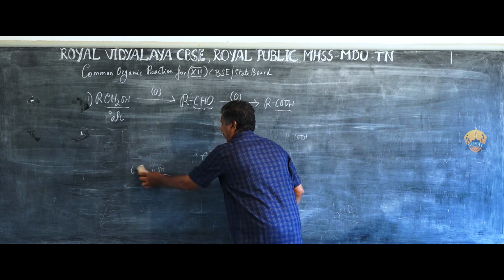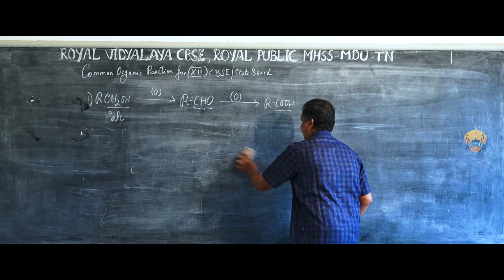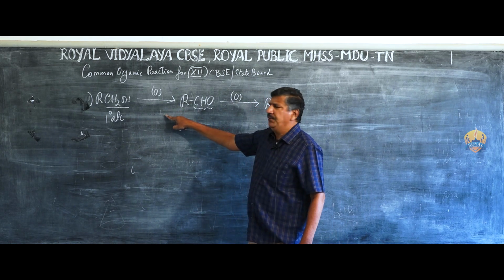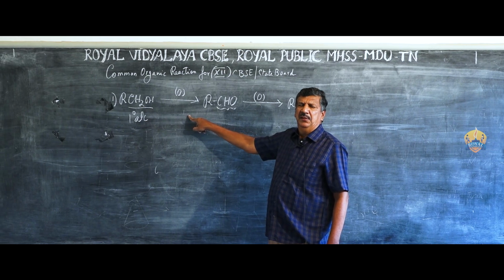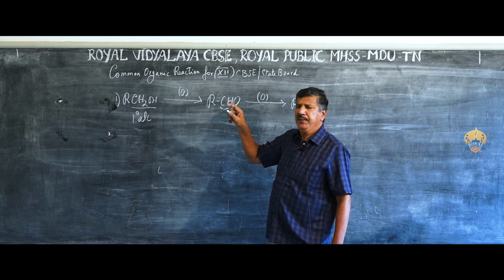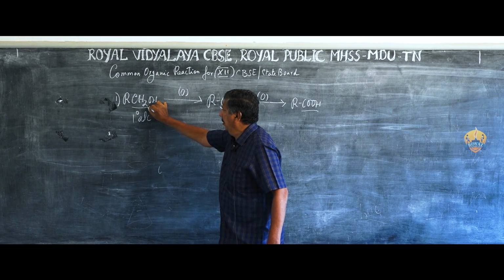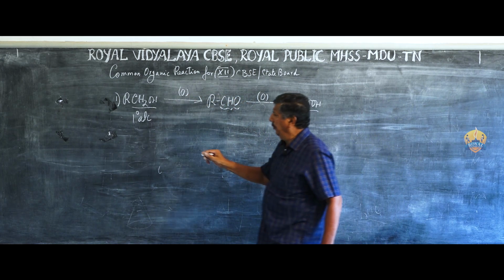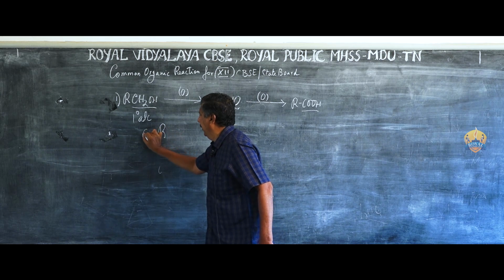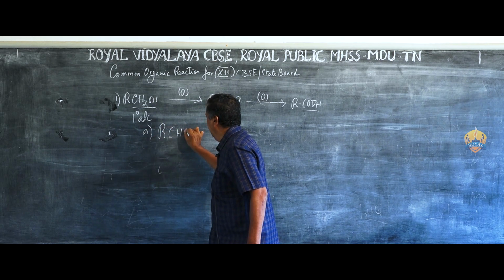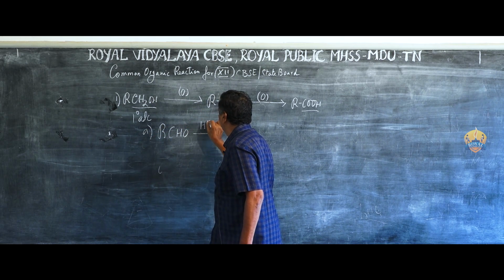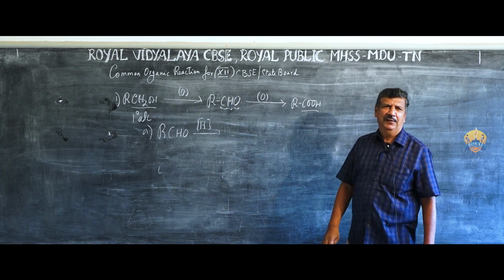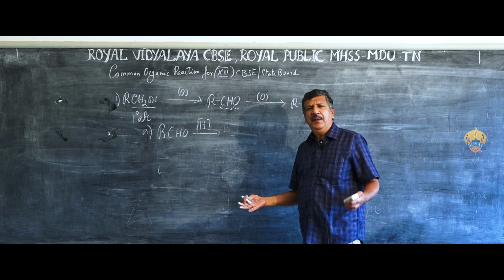Okay, next one, we are going to see the subdivision of this reaction. What subdivision? Primary alcohol oxidation gives aldehyde. Okay. What will happen if you reduce the aldehyde? Then what would you say?